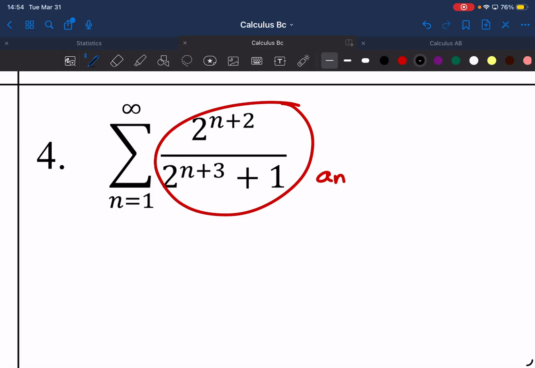For example, 2 to the power of n plus 2 would be 2 to the n power times 2 squared. Notice that's the same thing, I just gave them each their own base. Same on the bottom. This is 2 to the n power times 2 cubed, and then just bring down that plus 1.